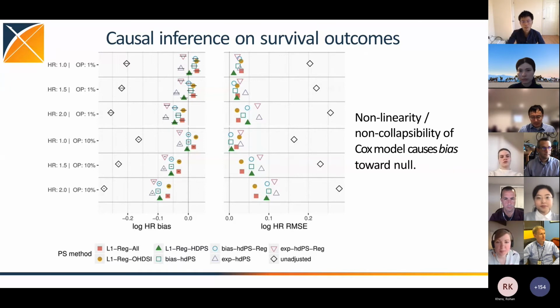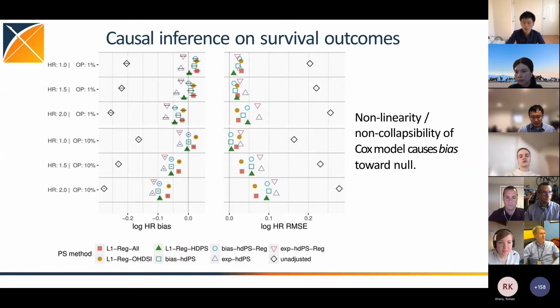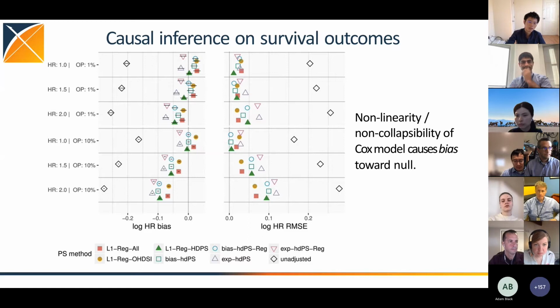Matched Cox regression is the current gold standard for survival analysis, and it's also what Odyssey uses. What this plot clearly shows is that the matched Cox regression is biased. You could argue that this is not the worst type of bias because it's a bias towards the null, inflating false negatives, but it's still a bias nonetheless.